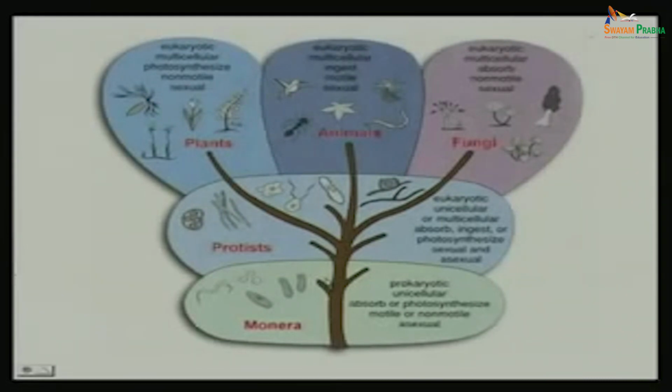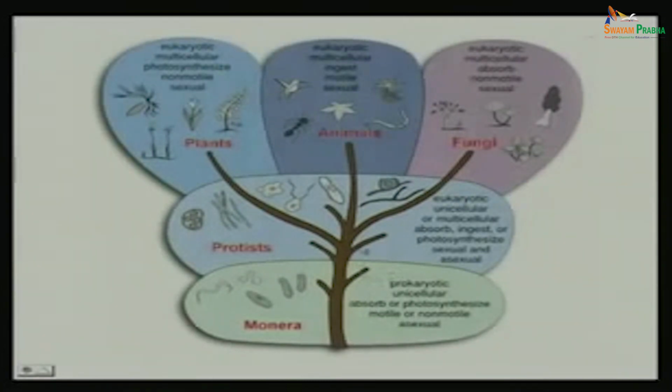Whittaker's five kingdom classification is one of the most popular classifications of the living organism, where it starts from Monera, which is the prokaryotic unicellular cells. Mainly it performs its normal activity, nutrition and other activities through absorption, or it can photosynthesize. It is either motile or non-motile, and mostly the reproduction is through asexual means.